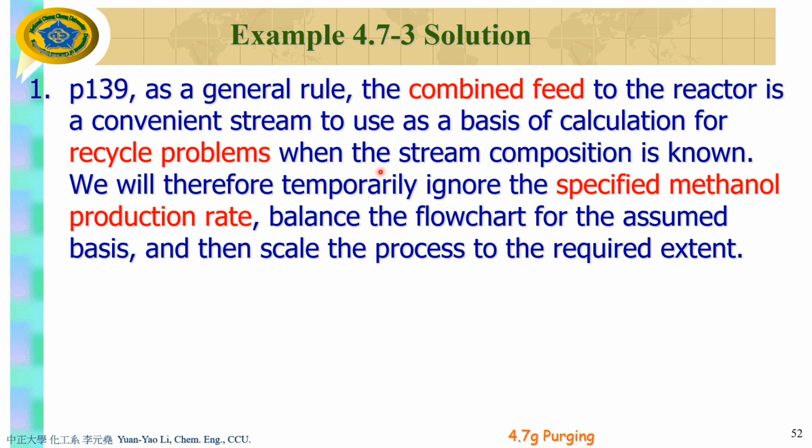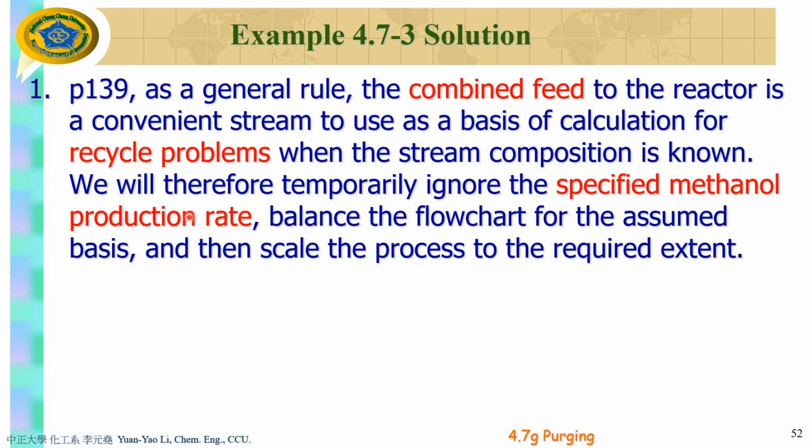When the stream composition is known, we will temporarily ignore the specific mole production rate, which is 155. Balance the flow chart for an assumed basis, and then scale the process to the required extent.